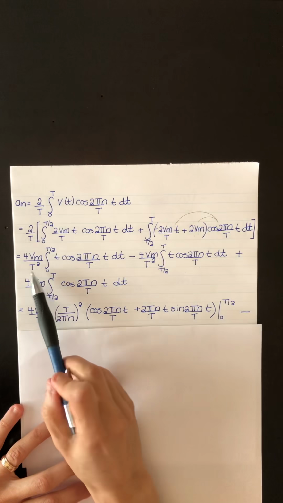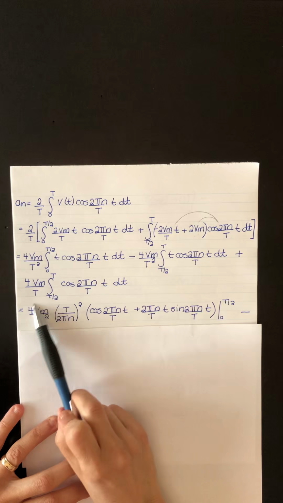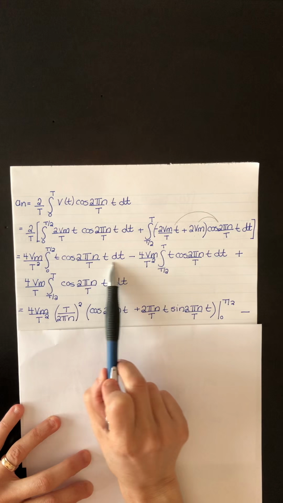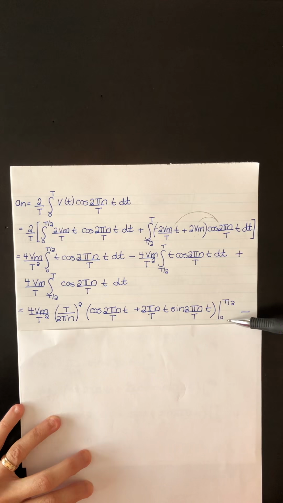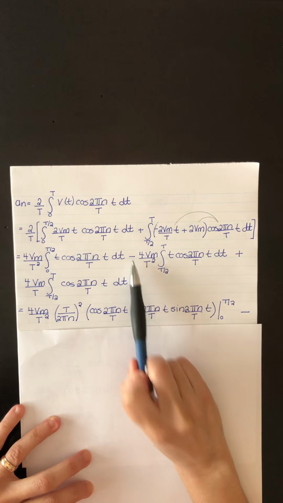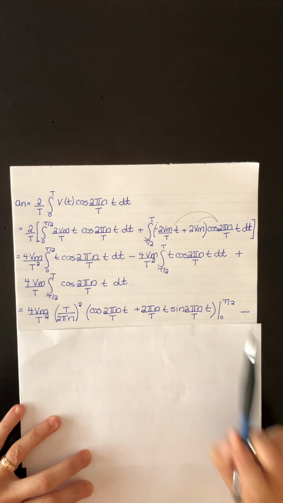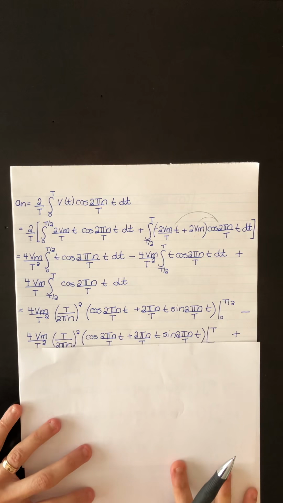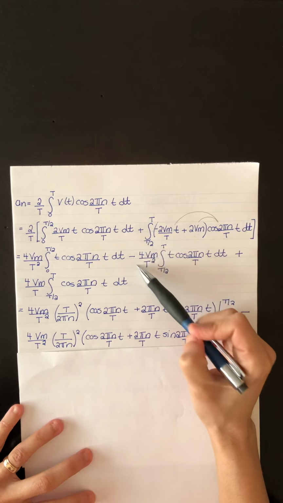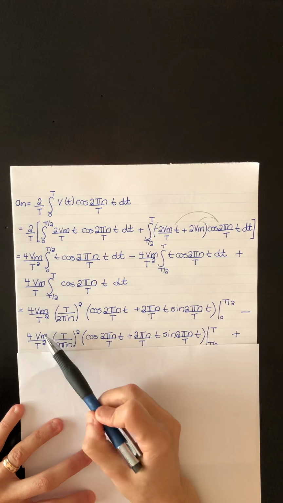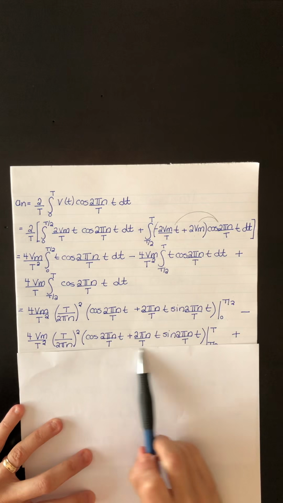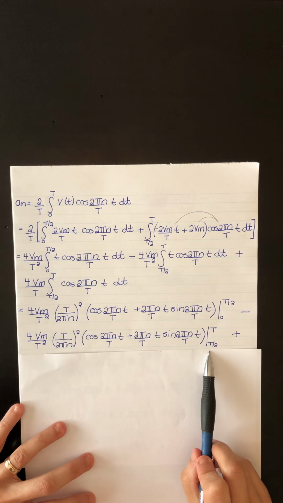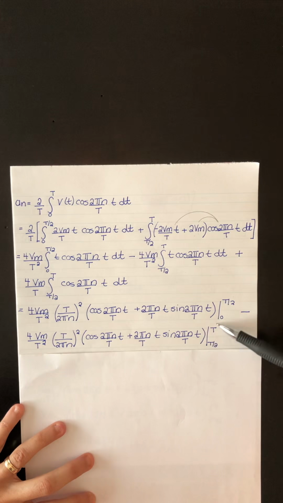Okay, so this constant is here. This integral is removed and replaced with all of this, keeping the limits the same. Now here, minus. This constant is in the front. This integral is removed and replaced with all of this. Notice the limits are the same. Plus, so plus sign.